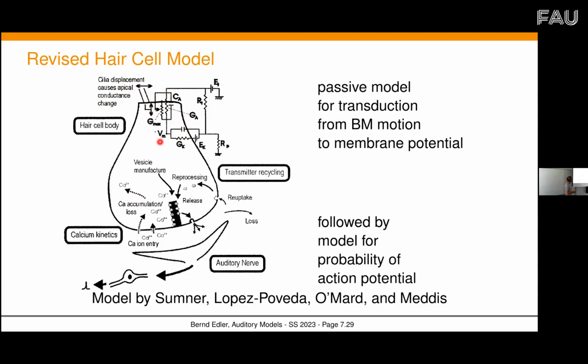That's quite similar to what we saw before. Yes, controlled by the displacement of the stereocilia, and then the throughput through the channel is controlled by the displacement.